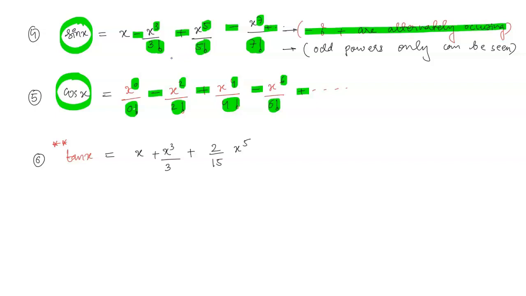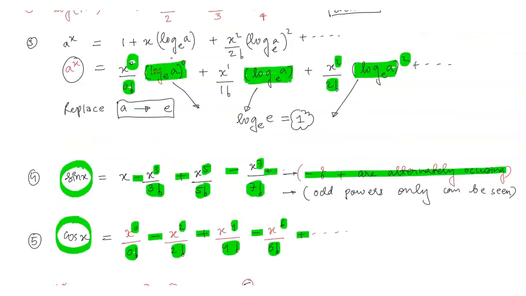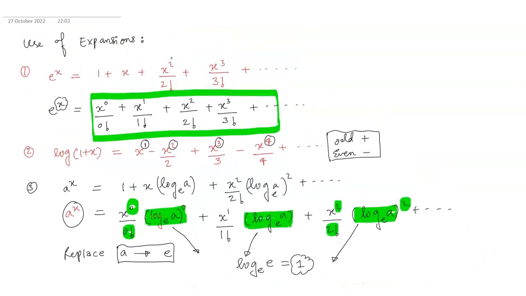So you have to remember that the odd powers are 1, 3, 5. Up to 5 we are going, and this tan x expansion will be directly used in some cases. There is no factorial term in tan x, and the one more is log 1 plus x expansion, which you can observe over here. So the second and sixth ones don't have factorials.